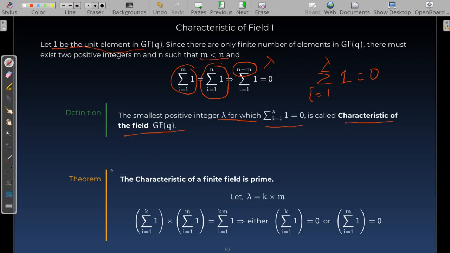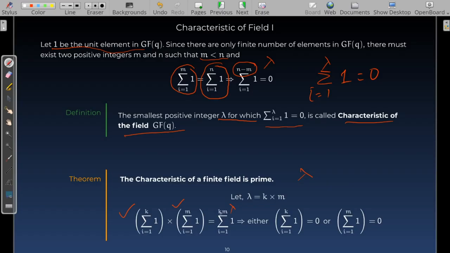Now the characteristic of a finite field is always going to be a prime. It's always prime. If it is not a prime, then lambda can be written as a multiplication of two numbers, k and m. Then if you take this summation times this summation, this will be equal to the summation of i = 1 to km of 1, and this is actually equal to lambda, and we have already seen that this is equal to 0.